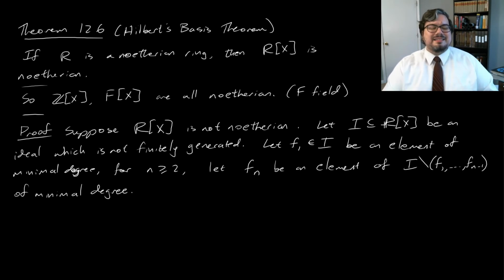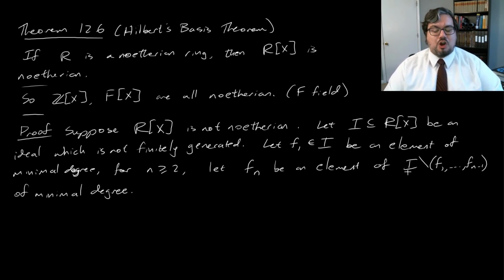Again, because I is not finitely generated, there's always going to be elements inside this set. I is never going to be equal to the ideal of F1 through Fn minus 1, and therefore we'll always be able to take something in it of minimal degree.